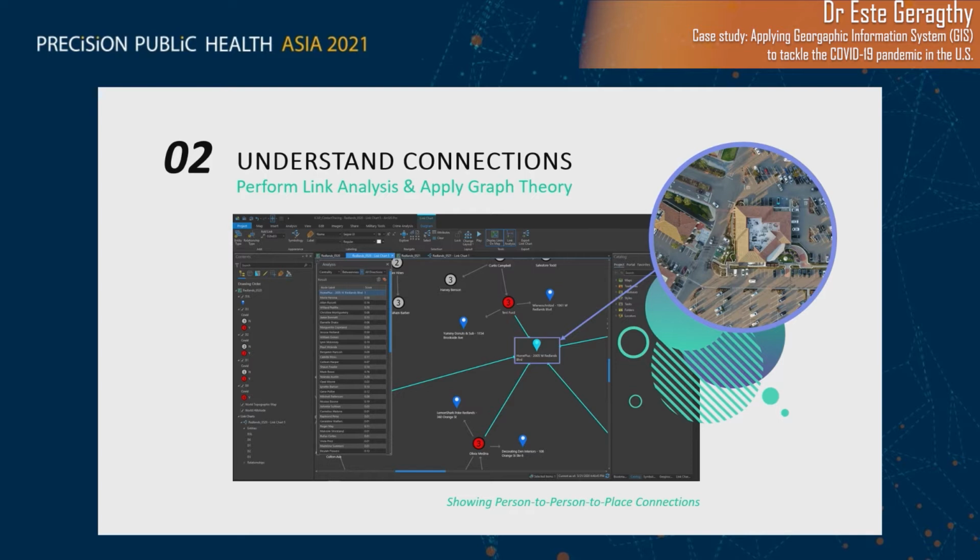And with link analysis, you're going to develop better understanding of the person-to-person connections that, of course, are that traditional focus of contact tracing. But there's an and here. We can also use tools from graph theory to help us determine the strength of person-to-place connections that are really the focus and deeply important for community spread of disease, which of course is the case with COVID-19.